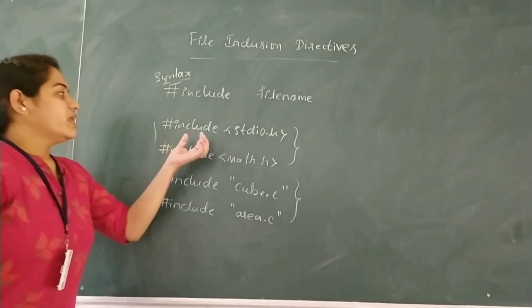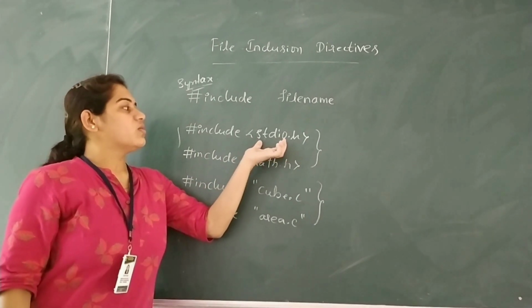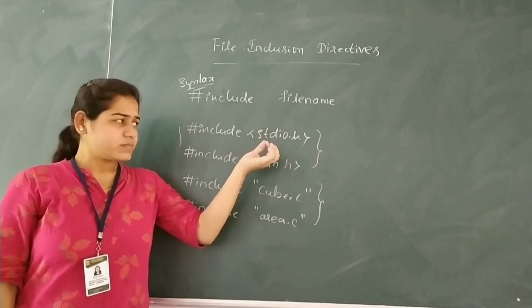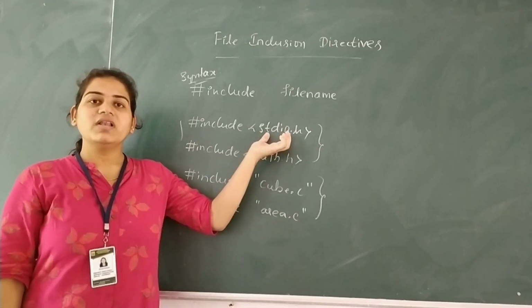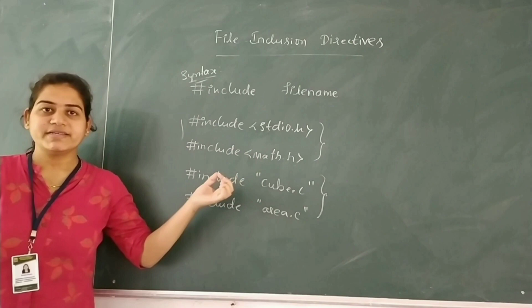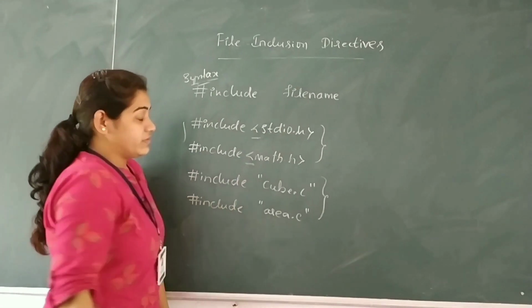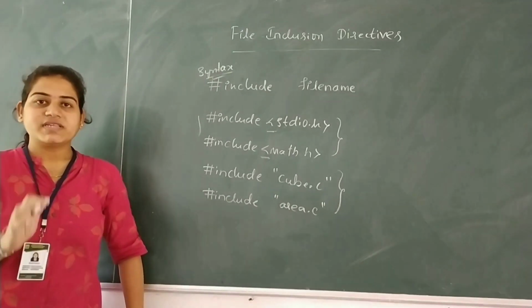Whenever the file name is enclosed within angle brackets, the compiler will check for this file only in the standard directories. Both mac.h and stdio.h will be present in the standard directories.